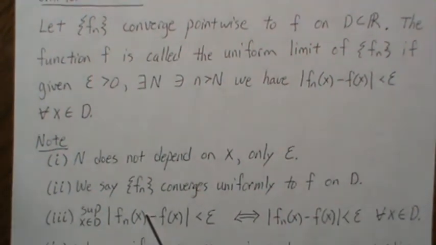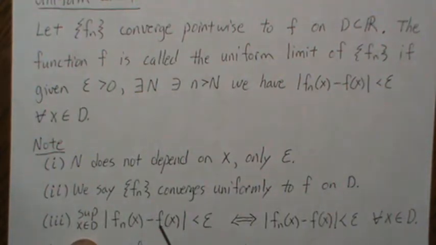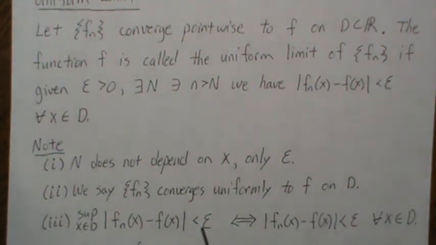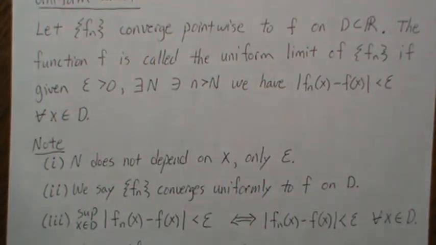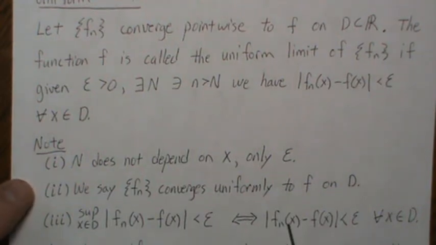And here's a note that the supremum of this difference over all x in our set being less than epsilon is the same as saying that this difference is less than epsilon for all x. So if the largest difference for all x is less than epsilon, then surely the difference is less than epsilon for all x. And really this is an if and only if, and they can be interchanged.